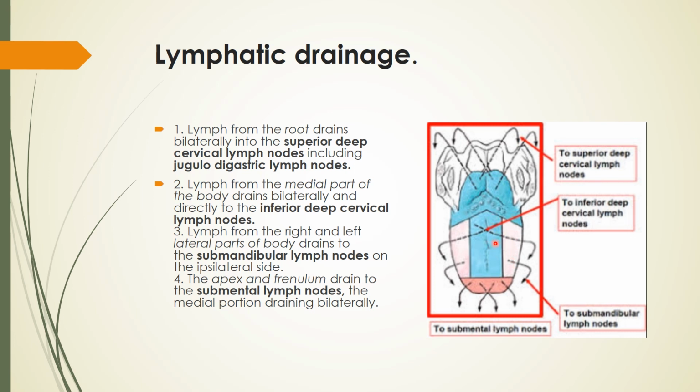From the central or medial part, lymph drains bilaterally into inferior deep cervical lymph nodes, while lymph from the right and left lateral parts of the body drains into submandibular lymph nodes on the ipsilateral side.